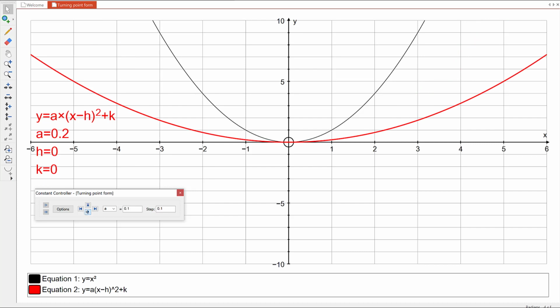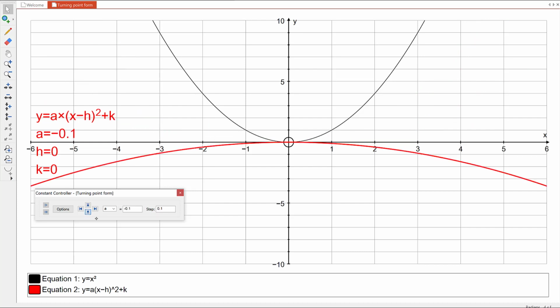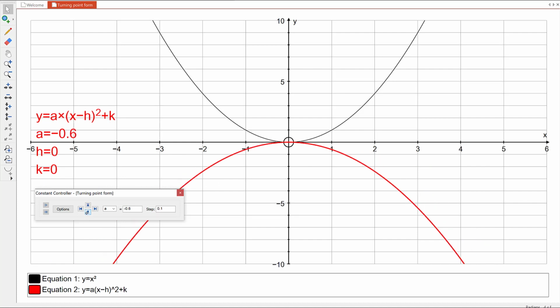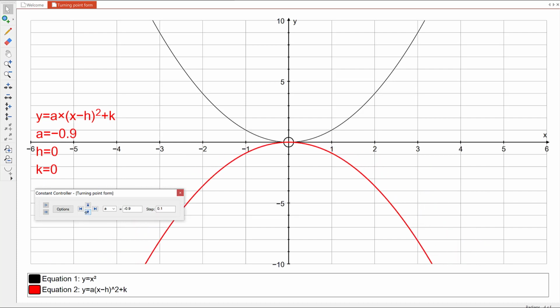If a equals 0, we don't have a quadratic function at all, so that's not relevant. If a is negative, we have a parabola reflected in the x-axis, and if a is anything other than positive or negative 1, there's also a dilation happening there.